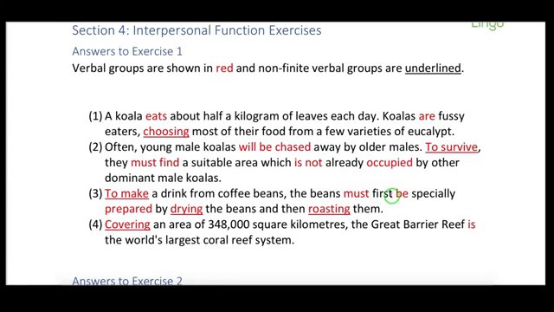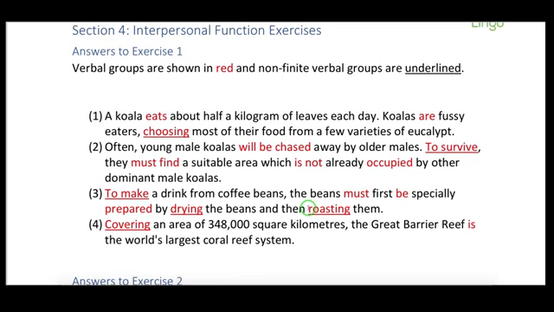Between must and be, there's the adverbial first. Between be and prepared, there's specially. So you can see how adverbs can interrupt the verb group. The next two verb forms are non-finite. They are just the ing form, drying and roasting.